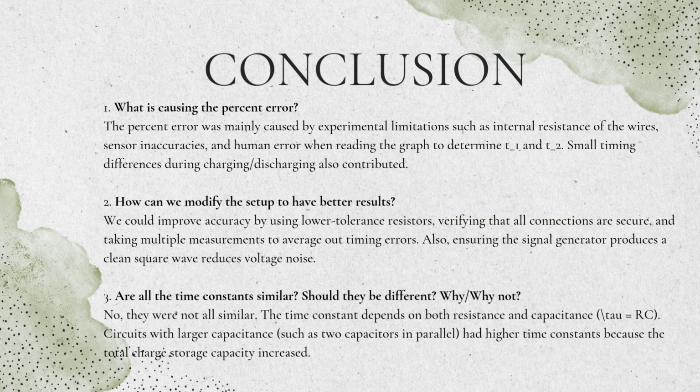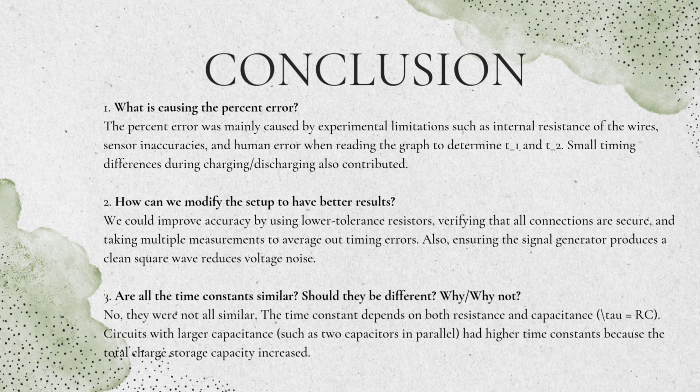Conclusion. As a team, we concluded that what was causing the percent error was mostly experimental limitations, such as the internal resistance of the wire, or maybe sensor inaccuracies, and for sure human error when reading the graph to determine T1 to T2, or even small timing differences during the charging and discharging.